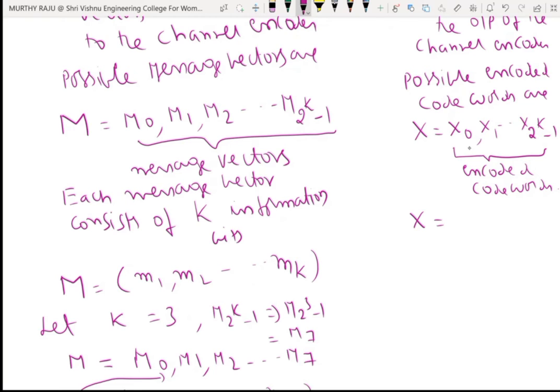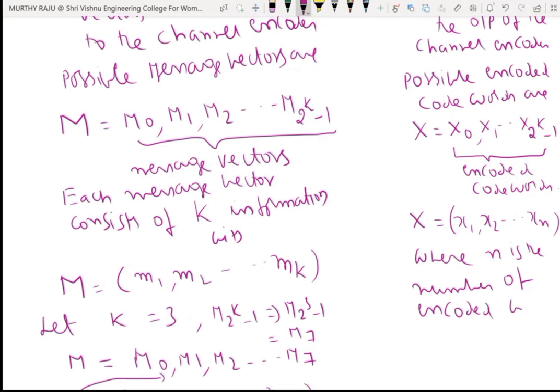Each and every encoded code vector is represented by x is equal to x1, x2, and so on up to xn, where small n is the number of encoded bits in the encoded code word.